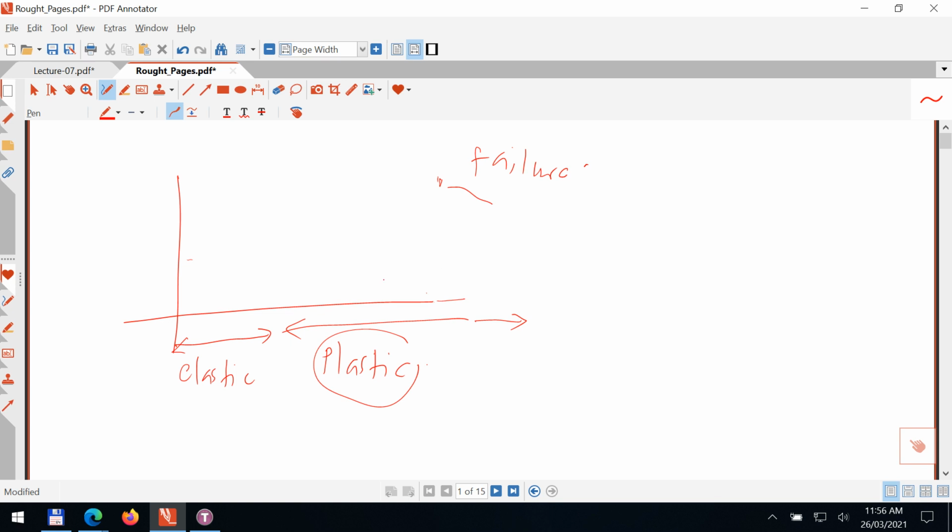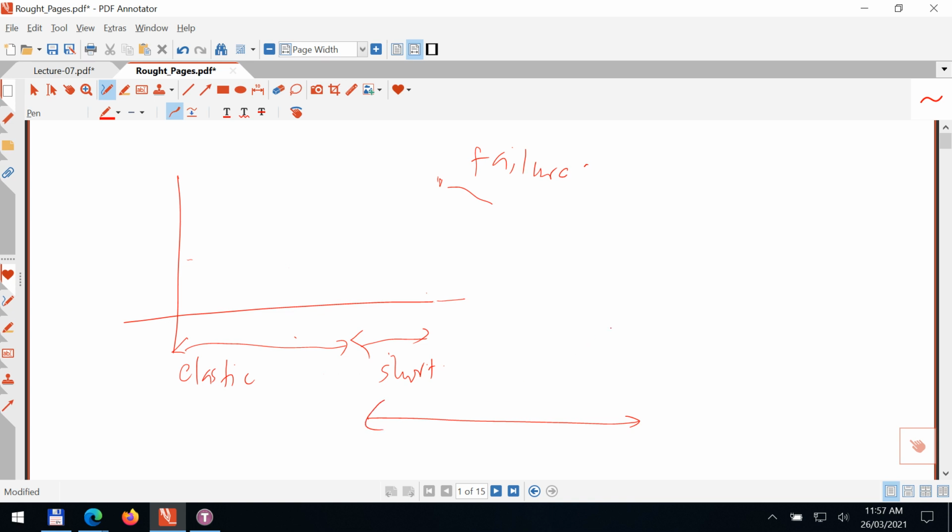अच्छा, लेट्स से आपके पास दो टाइप के मटेरियल है. एक मटेरियल ऐसा है जिसका ये प्लास्टिक रीजन बहुत शॉर्ट होता है, और कुछ केस में प्लास्टिक रीजन बहुत ज्यादा होता है बिफोर इट फेल्स. तो इन दोनों में क्या फर्क है? ये जो शॉर्ट है, ये आपको कोई वार्निंग नहीं देगा, ये सडनली फेल होगा, even if it appears to be strong, यानी E उसका लार्ज है.